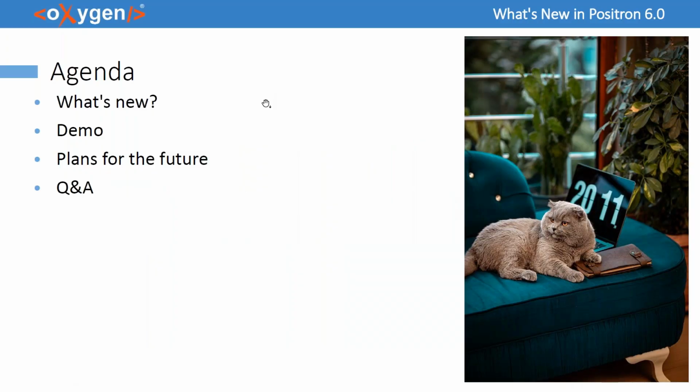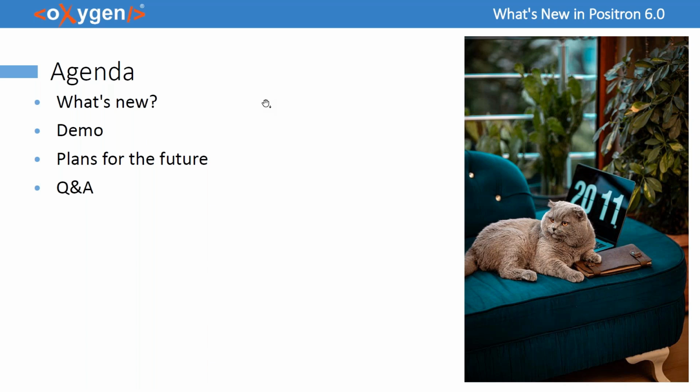And it's going to be obvious why I'm saying that in just a second, because I want to talk to you about the agenda for today. I structured my talk in three main sections. I will share with you what's new in Positron 6.0 in Positron for the desktop Oxygen, for our web applications, web author and content fusion, and also in the Eclipse IDE.